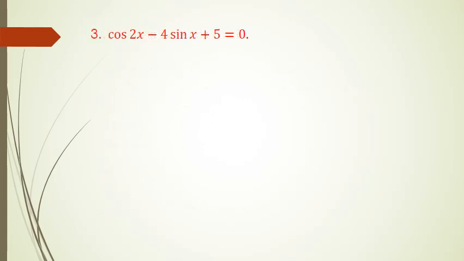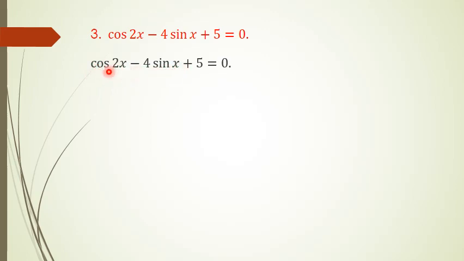Question 3. Cos 2x minus 4 sin x plus 5 equal to 0. Now here we observe two things. The first one is we have a double angle here, whereas here it's not a double angle. So we must get rid of the 2x. The other thing is that we have two trig functions, cosine and sine.